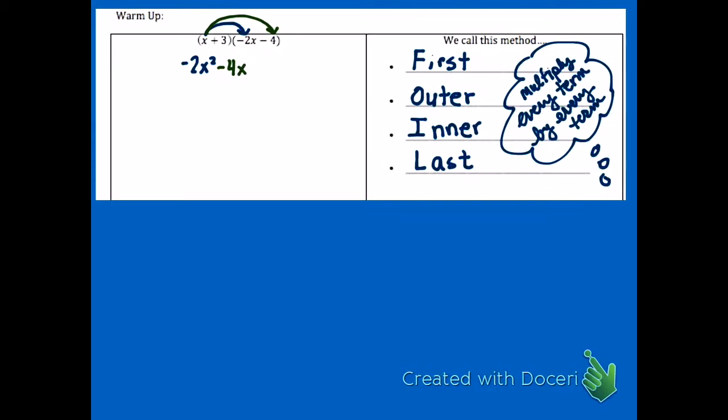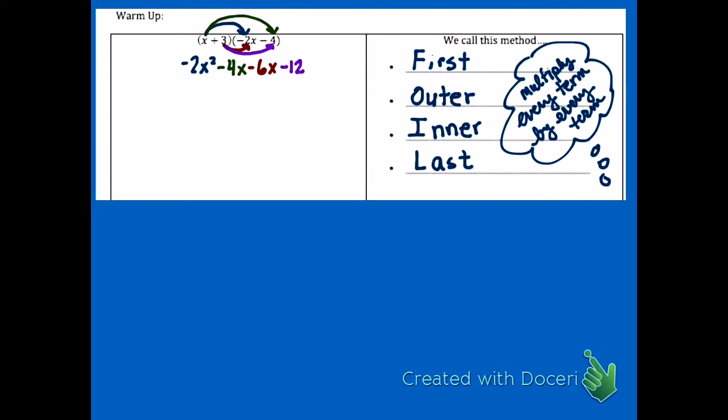Then we're multiplying our inner terms, so that is the 3 times the negative 2x, which gives us negative 6x. And then we are multiplying our last term, so that's the 3 times the negative 4, which gives us negative 12.